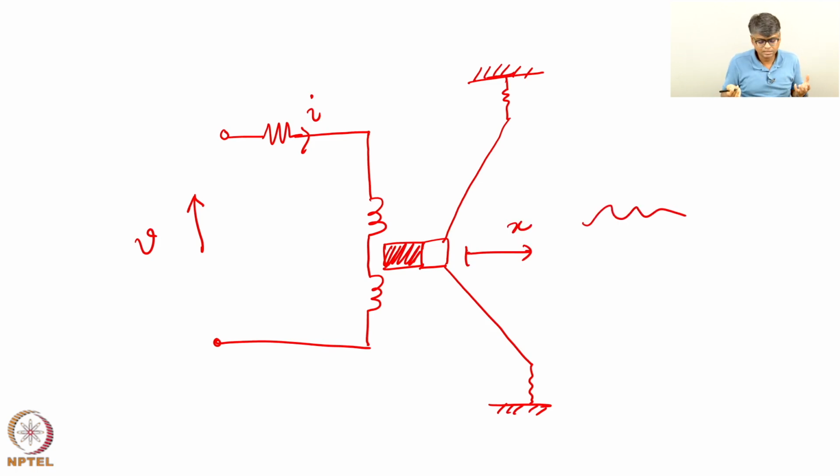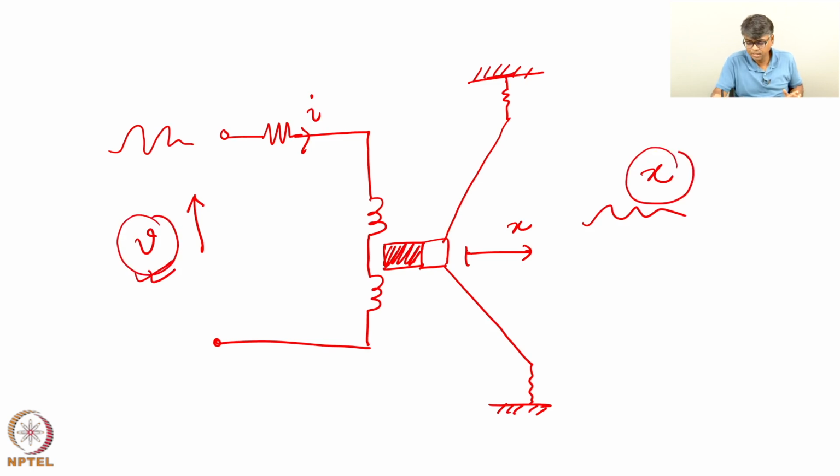If you look at the system like a black box, all we are interested in is the incident signal, which is the voltage V, and x, the movement of the bobbin. We are interested in the relationship between V and x.